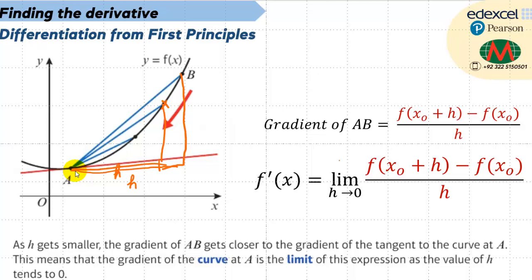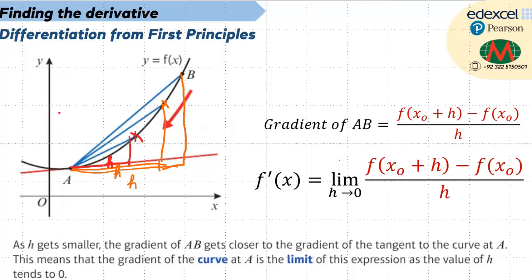Can you look here? The h has become smaller than the previous one. Let me change the color. When B comes over here, draw a right angle triangle again, and you will observe the h has become even smaller.